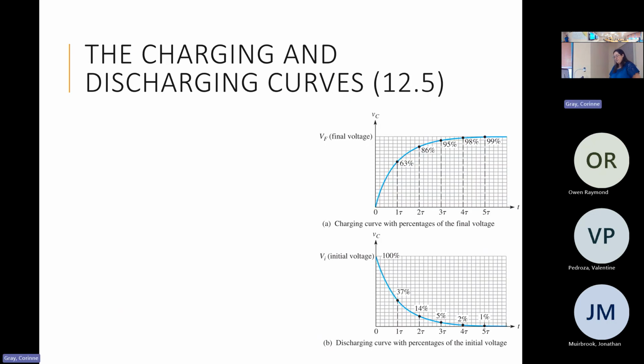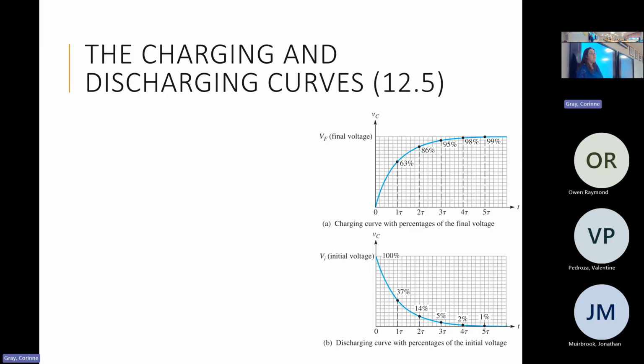So let's talk about our graphs first. On our top graph, on our x-axis, we have time, where the time is being measured in time constants. So here we have 0, 1 through 5 tau for our time constants. And on our y-axis, we have our voltage value.